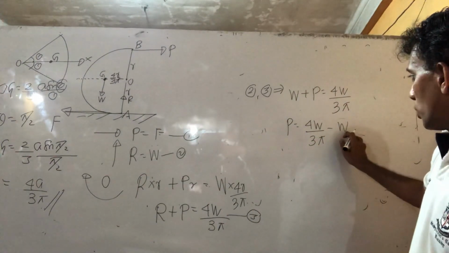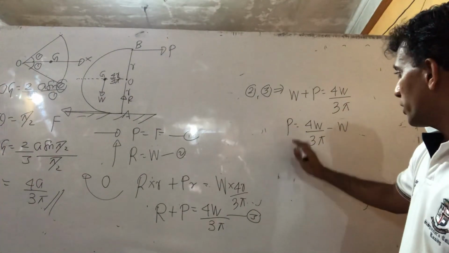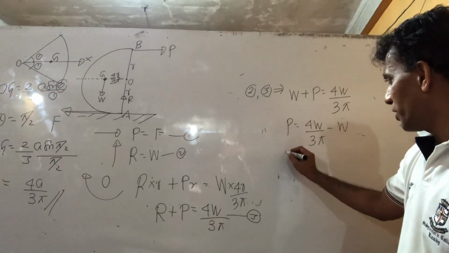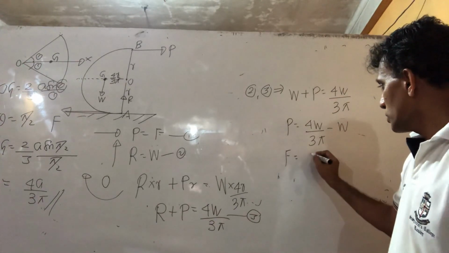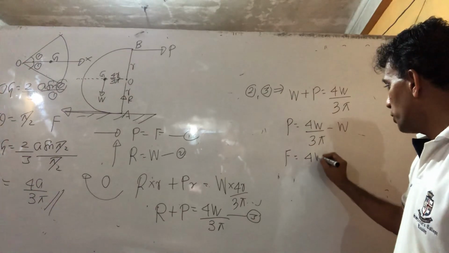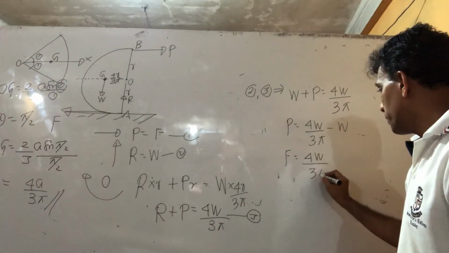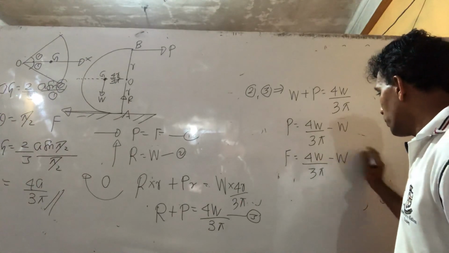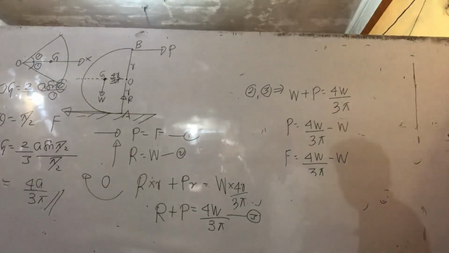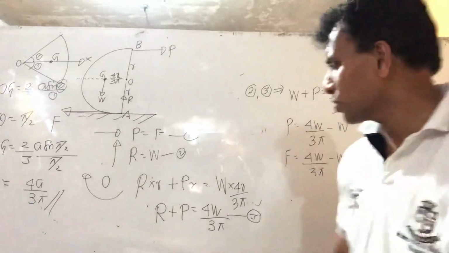R is for R. P equals F. Yeah, this is actually F. P equals F, right? 4W over 3 pi minus W. This is the F answer. You know the R answer. Then divide and go to the answer.